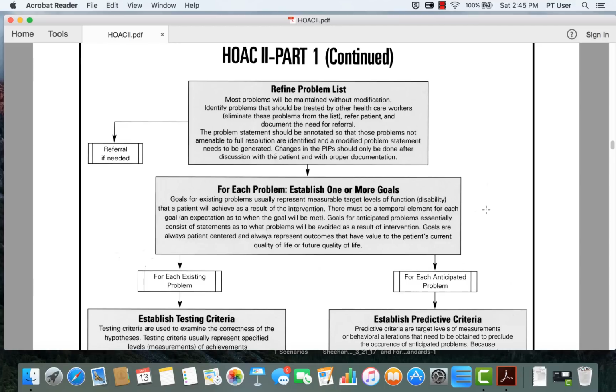What could also happen, and this is a slightly different example, but it's very possible and can occur. Oftentimes, therapists will focus on things that they're most comfortable with.